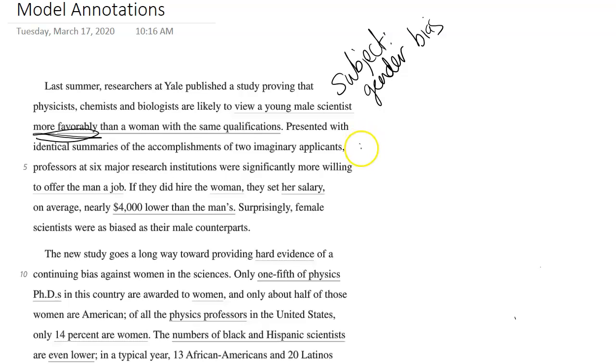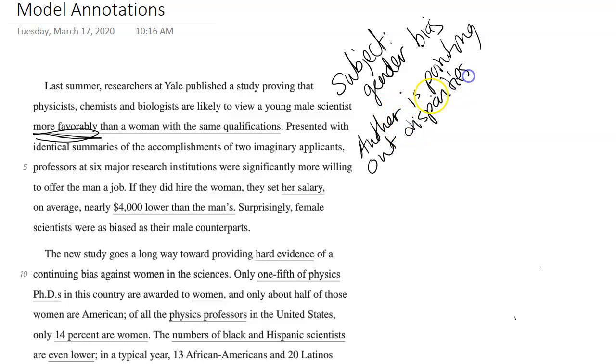So already we can see the author is pointing out the gender disparities in employment, and that's based on gender. And we can see that with if they did hire a woman, her salary was $4,000 lower than a man's.